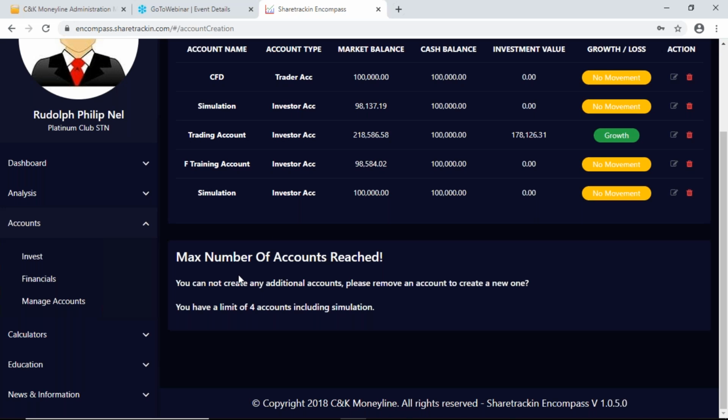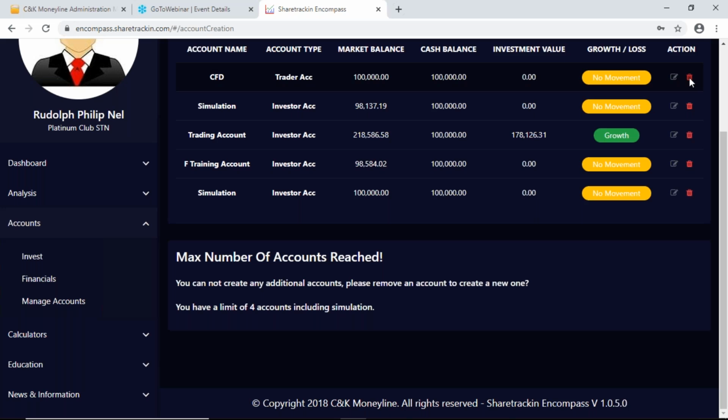Okay. So in this block here, we would note that it's going to ask us for the account type. We select the trader account. It's going to ask you for the account's name and the amount, which is always 100,000.